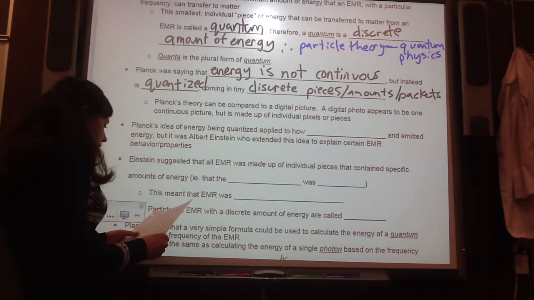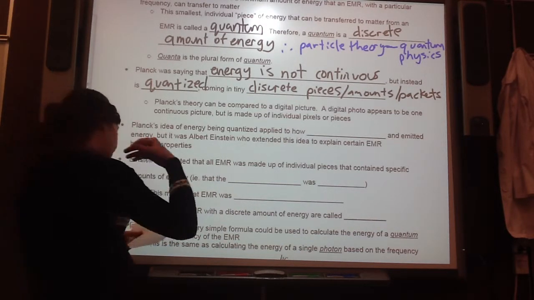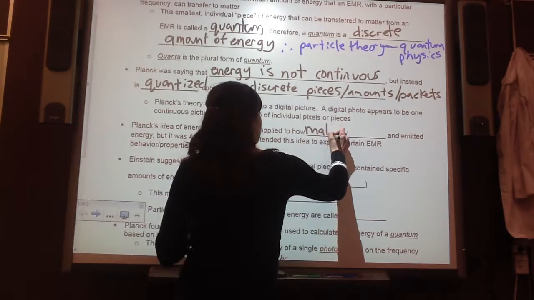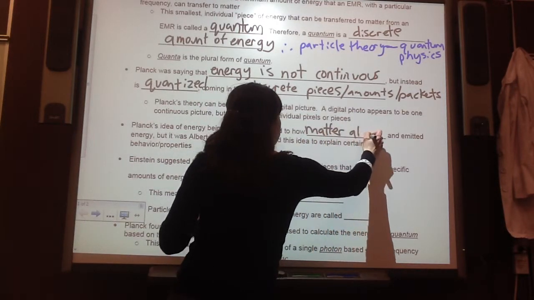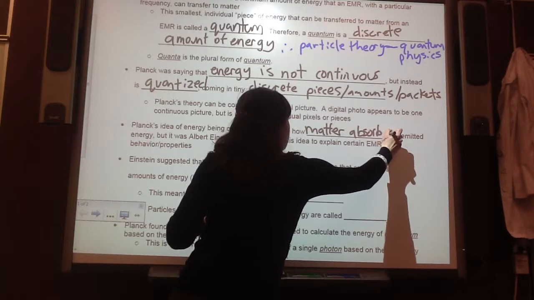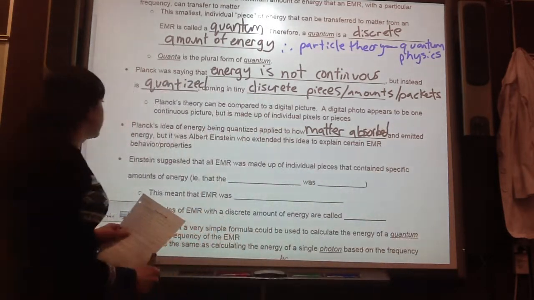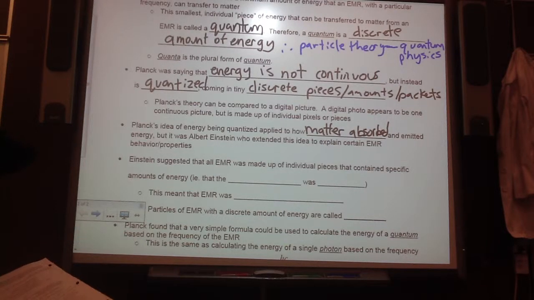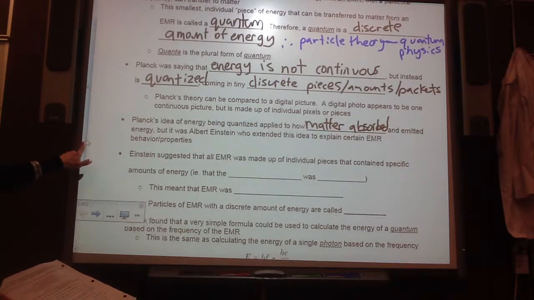Planck's idea of energy being quantized applied to how matter absorbed and emitted energy. Okay? But it was Albert Einstein who extended this idea to explain certain EMR behaviors and properties.